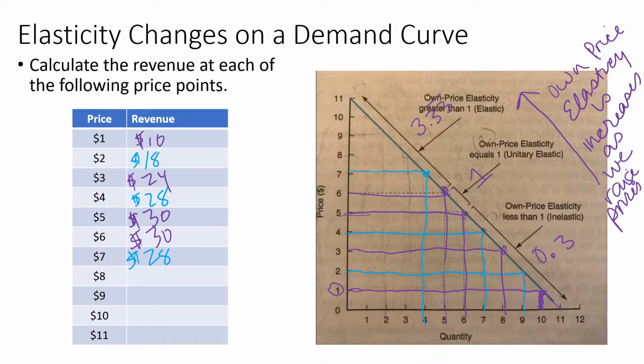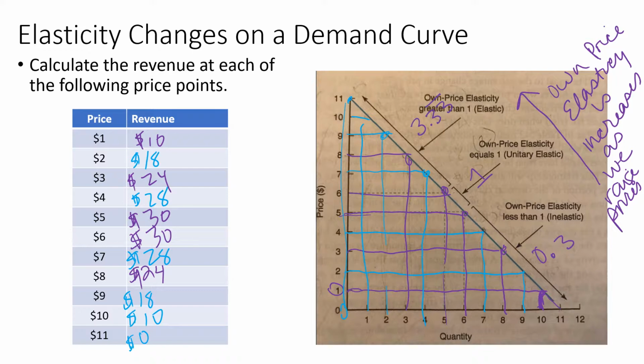At 8 is 8 times 3, which is 24. $9 is 9 times 2, which is 18. $10, 10 times 1, which is $10. 11 is 0. Okay.